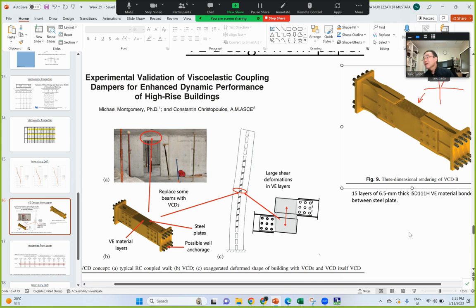Right? So if you have a very weak hysteresis damper here, suppose this is 500 buckling, and you put it in series, the damper force doesn't exceed 500.